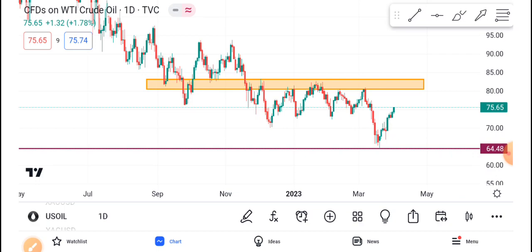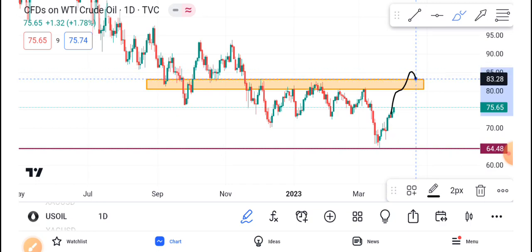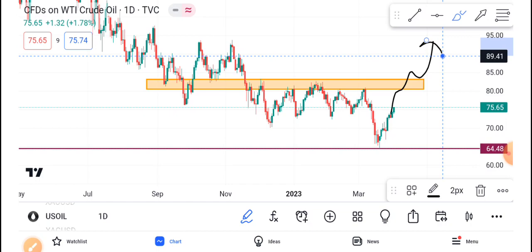That means this level is a pivot level. Once this level gets broken and price moves beyond it, retests it, sustains above this level and continues upwards, then we can say that yes, price has completely reversed its trend.